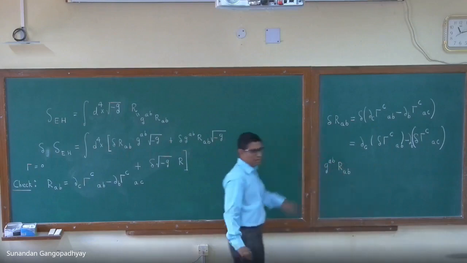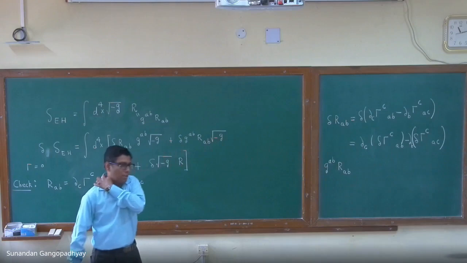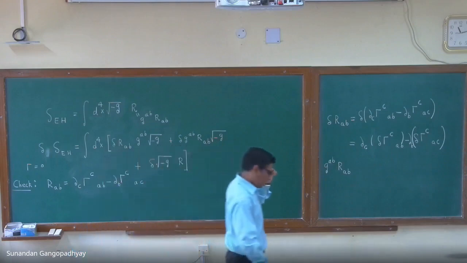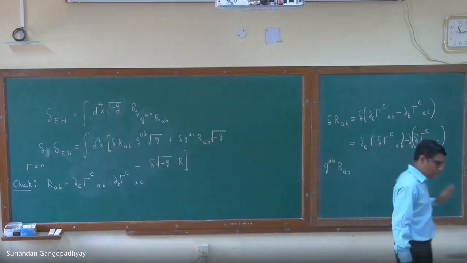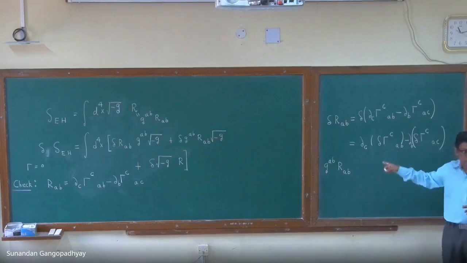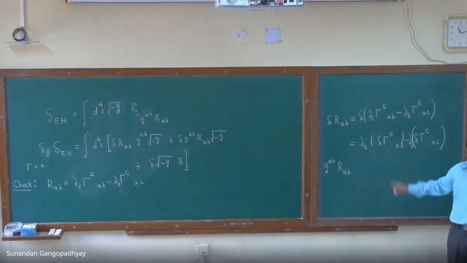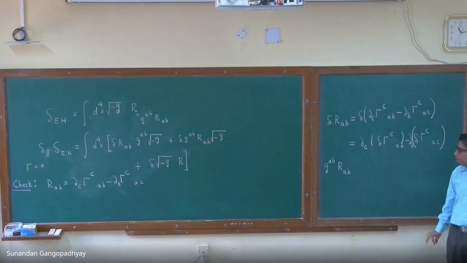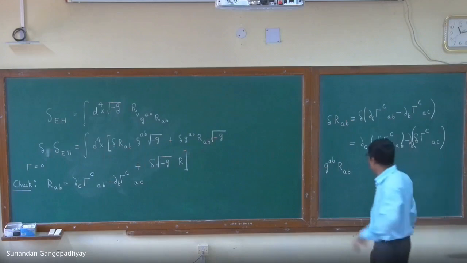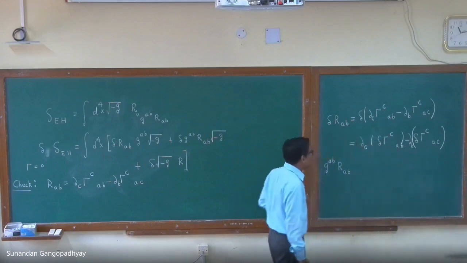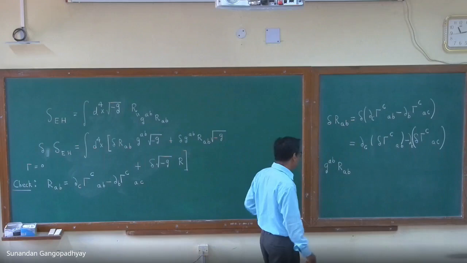This is all standard calculation you will find in the books also. But what you will not get is... Weinberg does this thing this way, as far as I remember, in a geodesic coordinate system. But as I mentioned, you can do it without it, and then you can vary and you get the same answer. But here also there is a subtle point which I shall mention, the finish of the calculation, which is not usually mentioned.